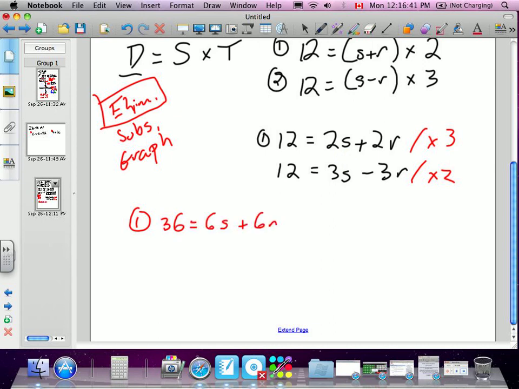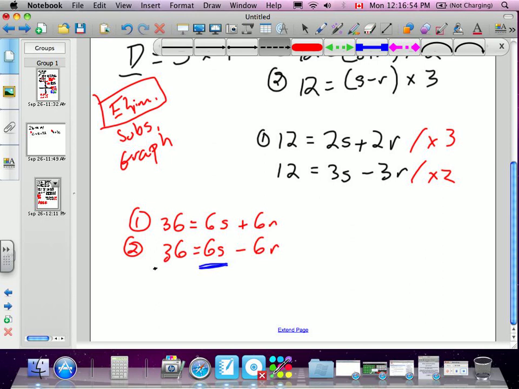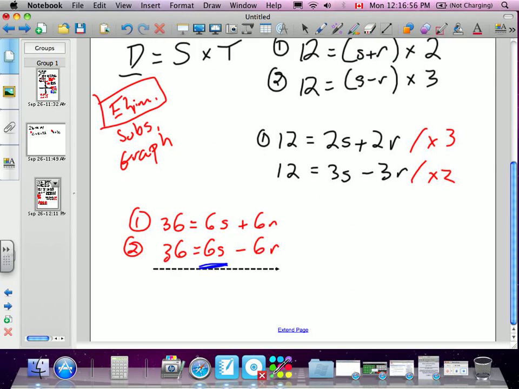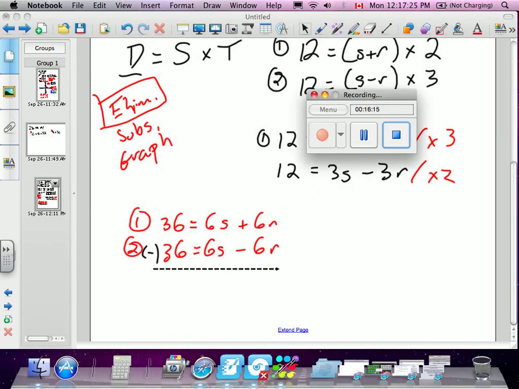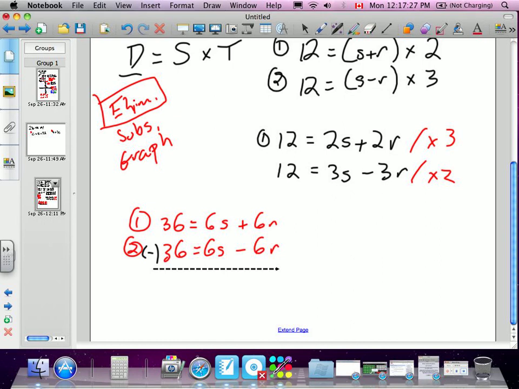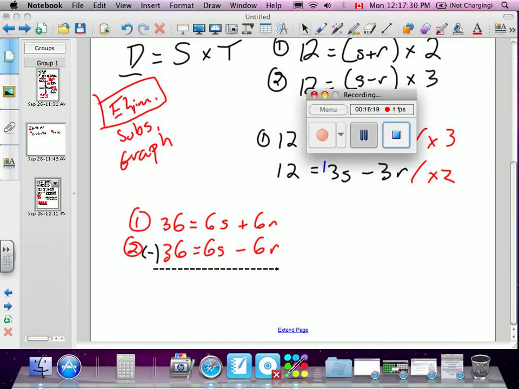Now I said I wanted to get rid of our s. So what do I have to do to this equation to get rid of the s? Subtract. Okay? So let's subtract these numbers. So I made a mistake when I was multiplying. 2 times 12 is not 36. 24.